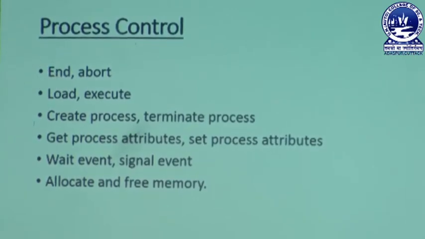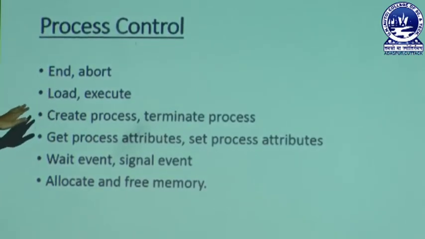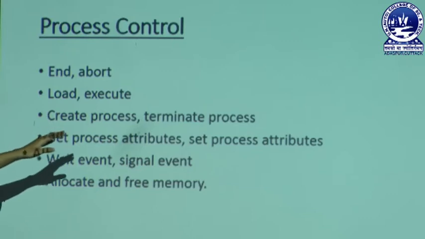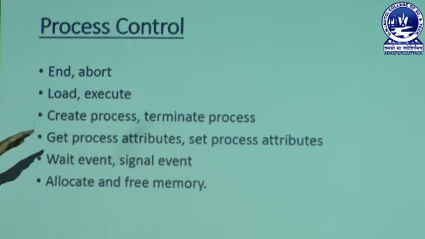The system calls are: end and abort, load and execute, create process, terminate process, get process attributes, set process attributes, wait event and signal event, allocate and free memory. All the processes running in your system terminate, halting normally or abnormally.